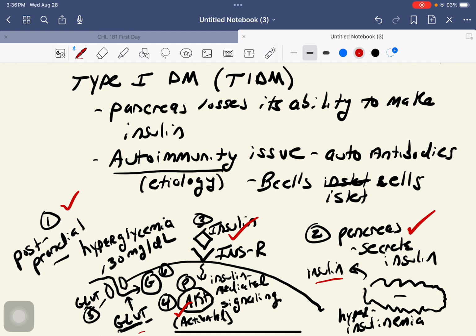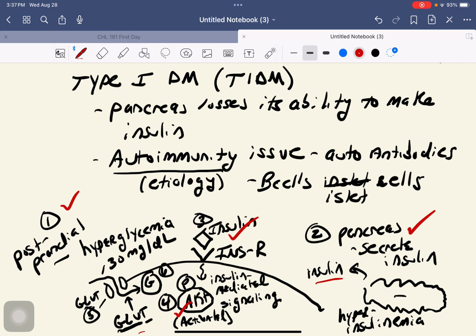Once again, in order to understand pathology, we have to be able to understand the quote-unquote normal, healthy, expected response, right? So that is the expected response under postprandial, post-eating conditions. So now diabetes mellitus type 1, we'll talk about type 2, are breaks in this system, this homeostatic negative feedback system becomes broken.